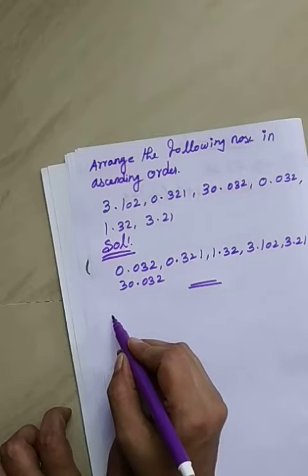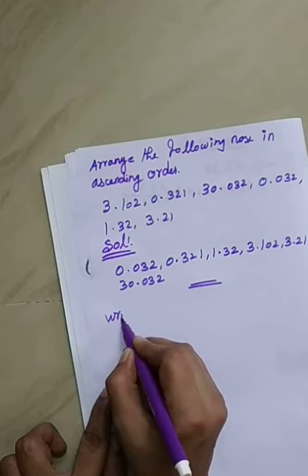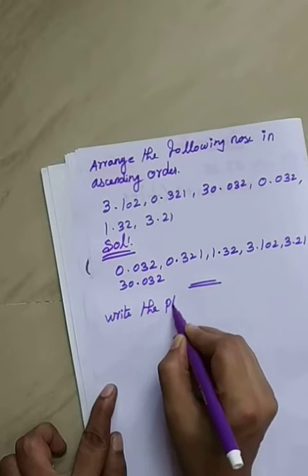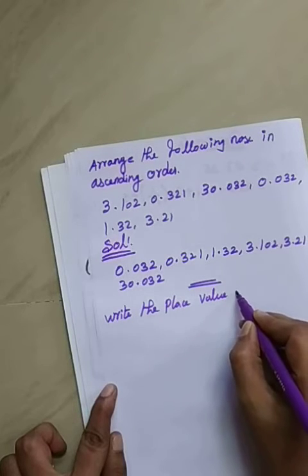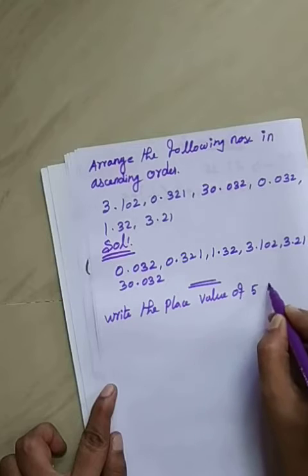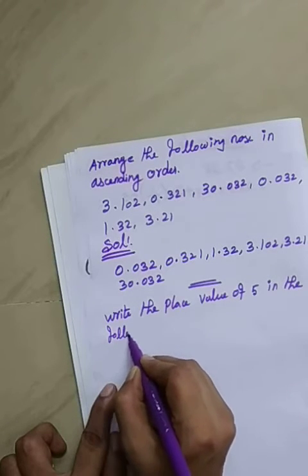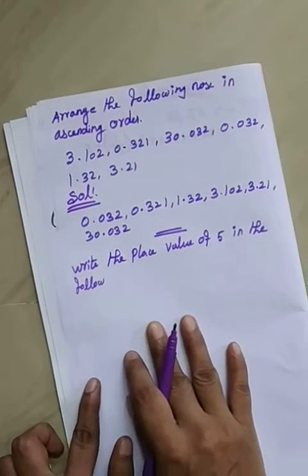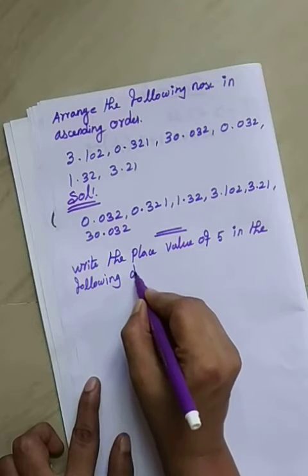See the next one. Write the place value of 5 in the following decimal numbers.